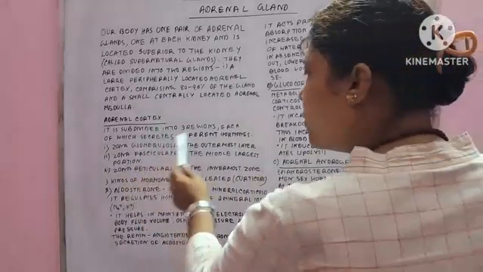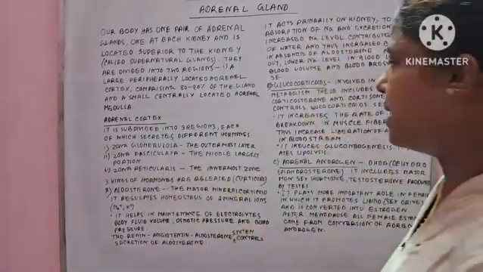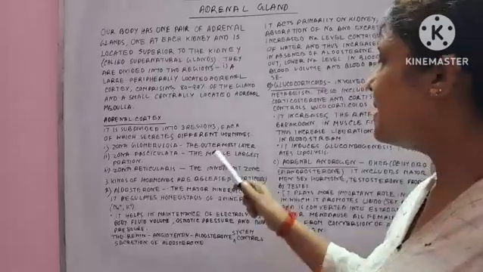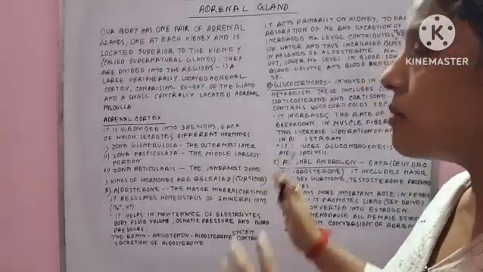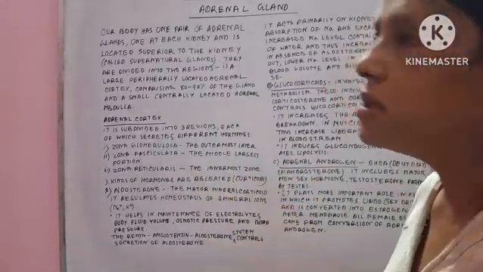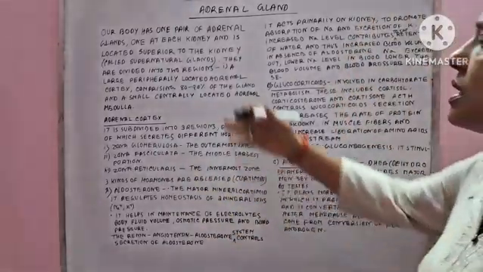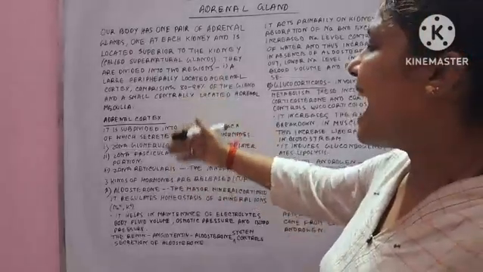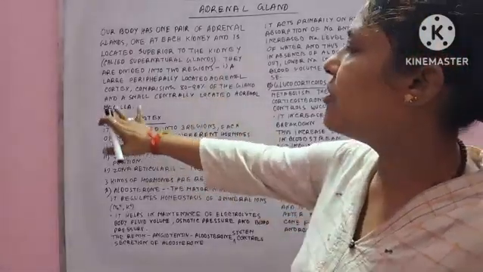The zona glomerulosa is the outermost layer, the zona fasciculata is the middle and largest layer, and the zona reticularis is the innermost zone.